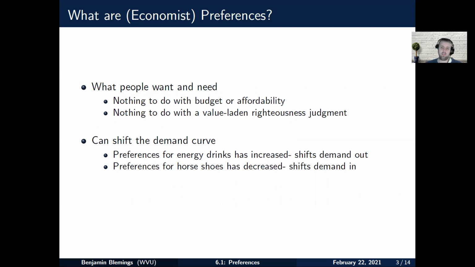But while you've seen preferences in the context of shifting the demand curve, we're not as interested in that in this session. We're going to mostly assume that preferences are stable and then understand how consumers make choices given stable preferences.